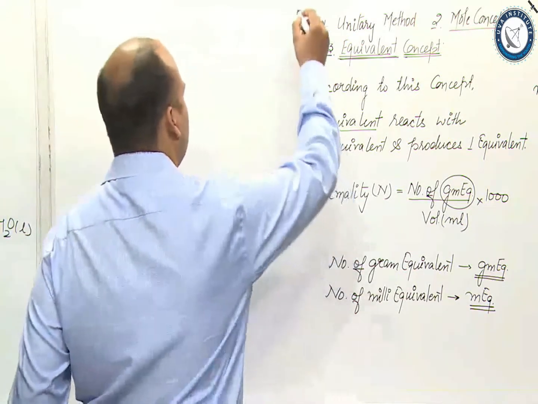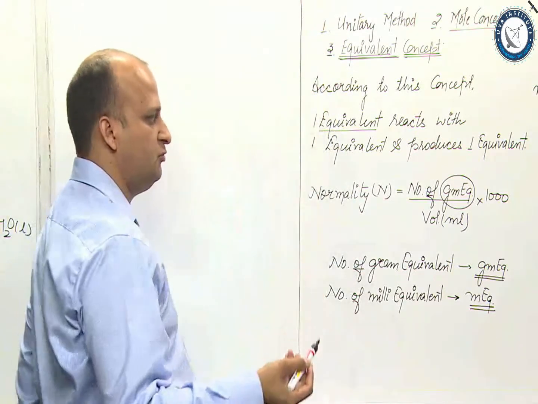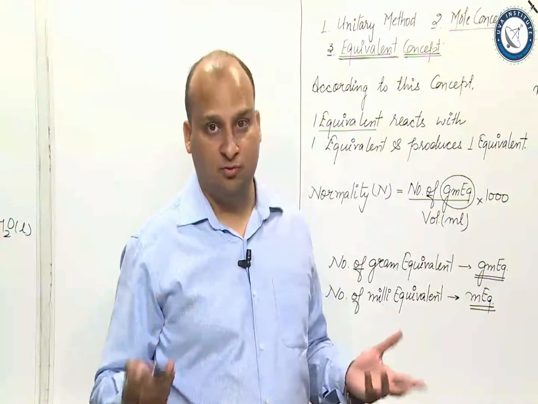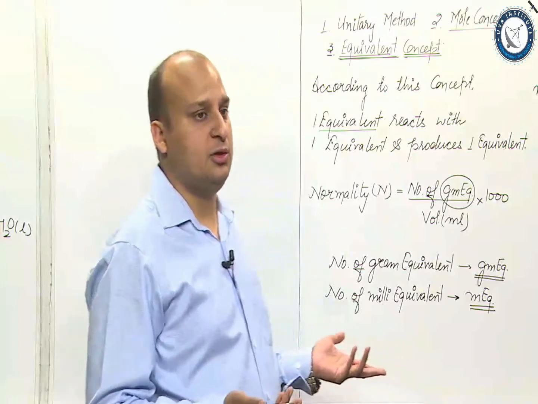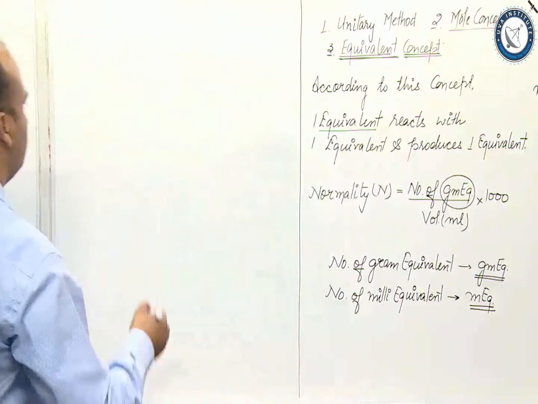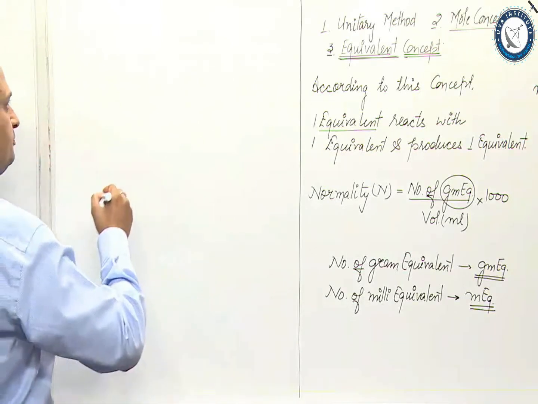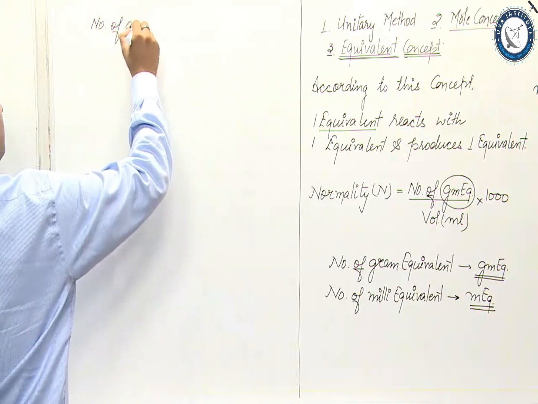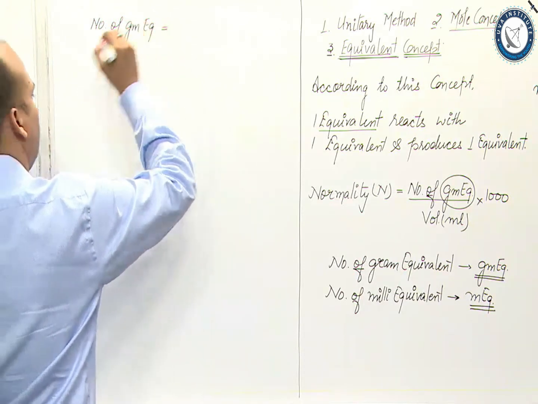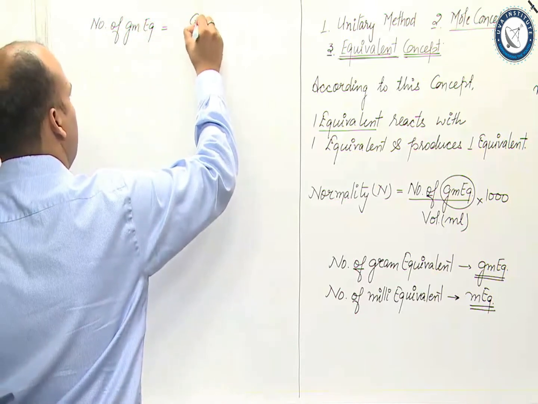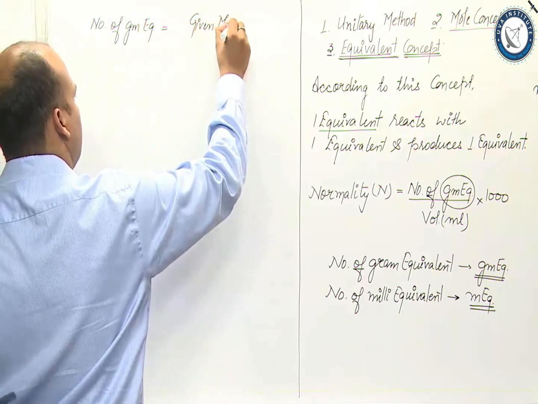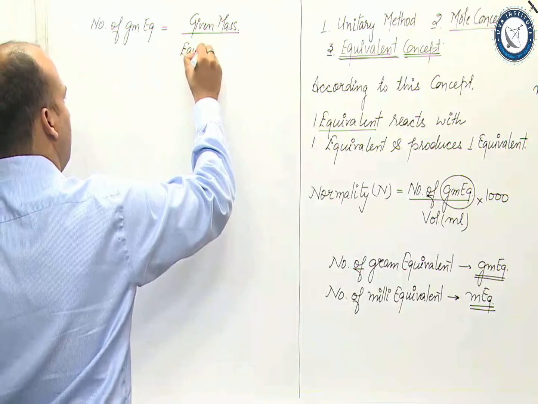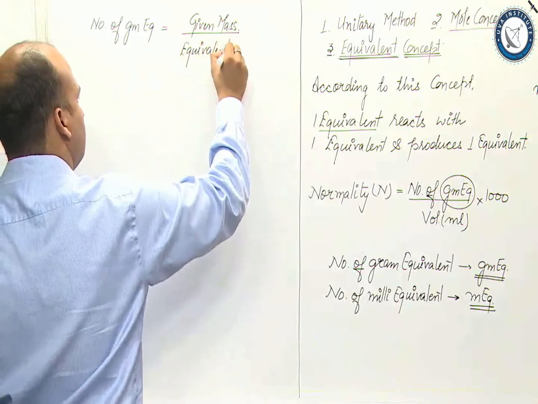Now, how do we find out the number of gram equivalent? Your question would be, sir, how do I find out the number, like how do I find out the number of moles? Similarly, over here, how do I find out the number of gram equivalent? So the number of gram equivalent is given by the formula given mass upon equivalent mass.